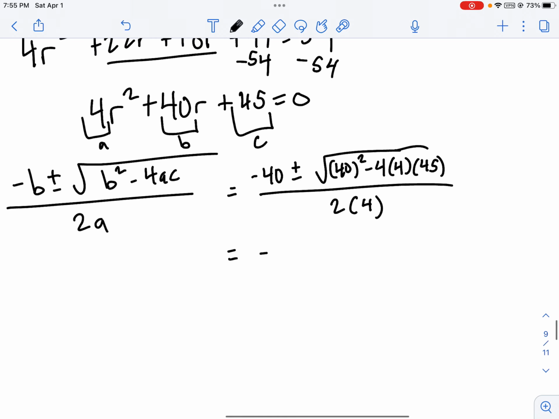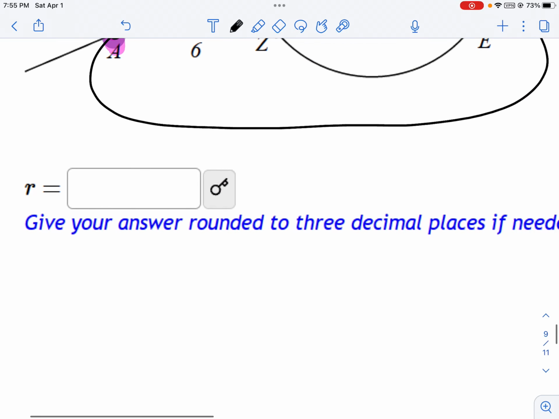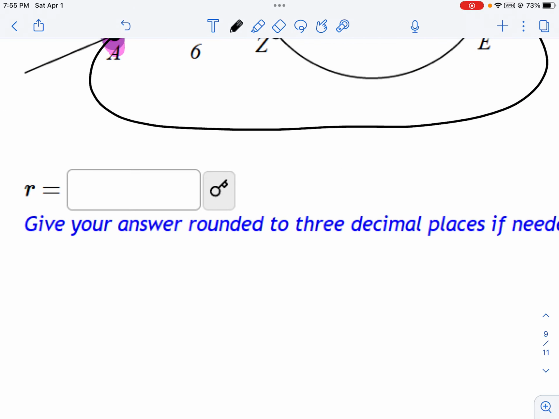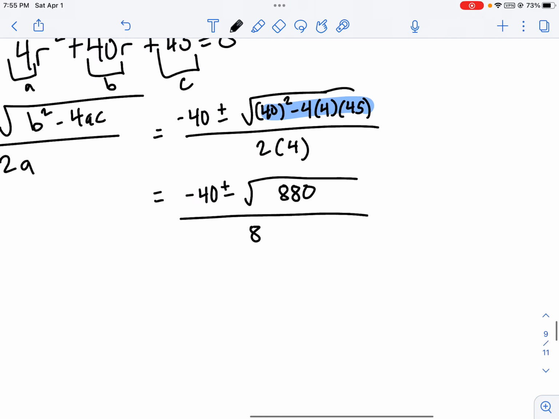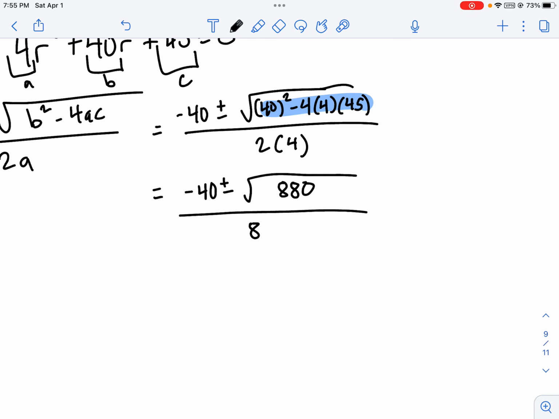To save a little time, I'm going to punch some numbers in the calculator. We have negative 40 plus or minus, and this whole section is going to leave us with 880, all over 8. At this point, read your directions. It says give your answer rounded to 3 decimal places, meaning do we need to simplify this to get an exact answer? No. If it's asking for a decimal, you don't need to simplify this.